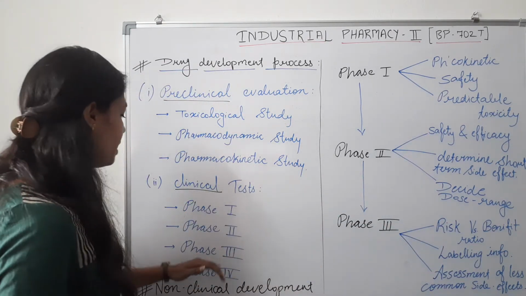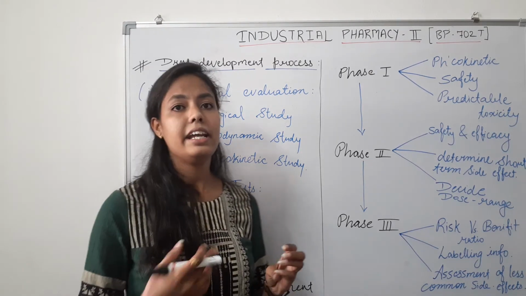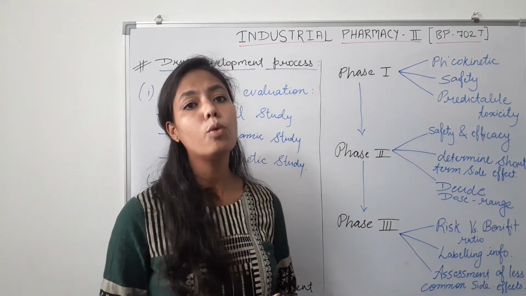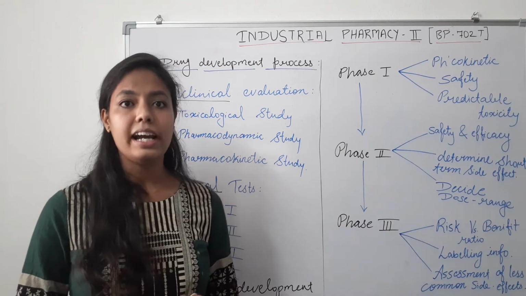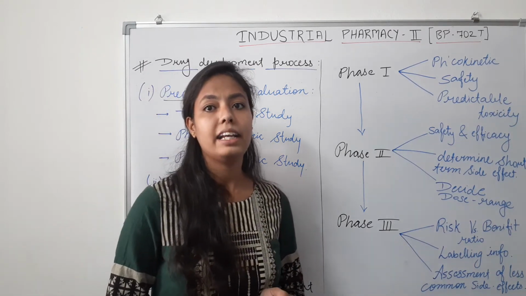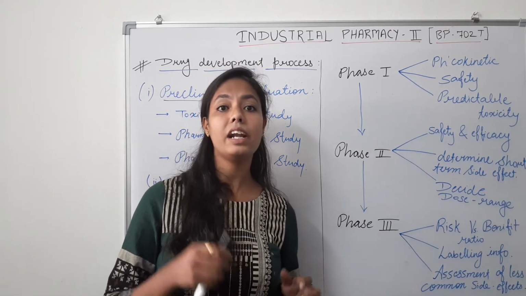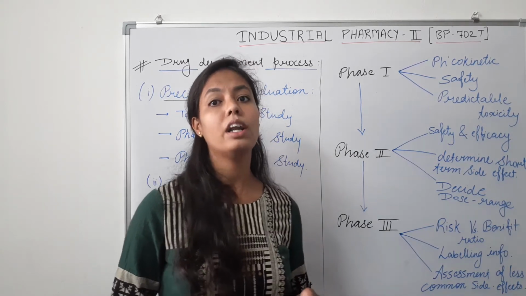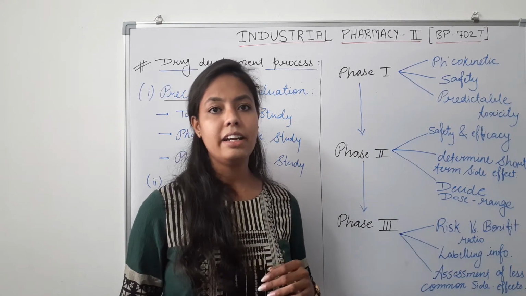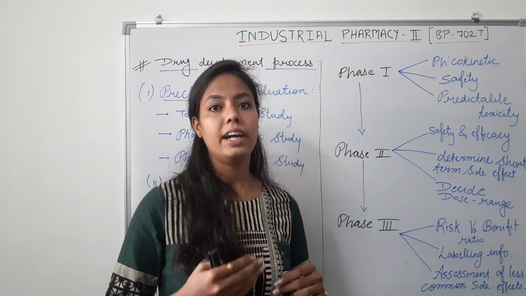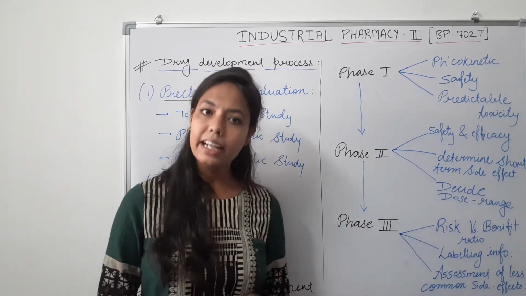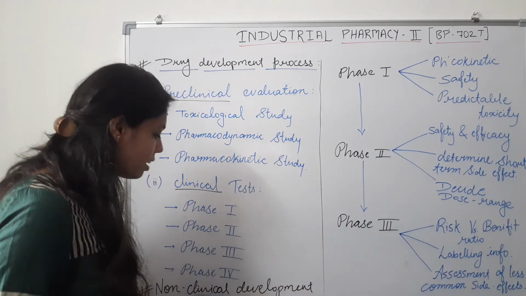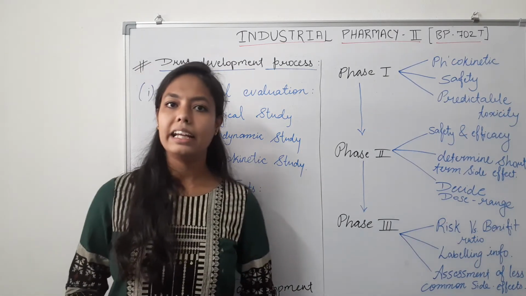After completion of phase 3 and filing the NDA application, the drug is approved for phase 4 trials, that is post-marketing surveillance, which generally does not have a specific time period. It is mainly focused on identification of rare side effects, previously known side effects, and even therapeutic indications. So these are the phase 1 to phase 4 clinical trials.